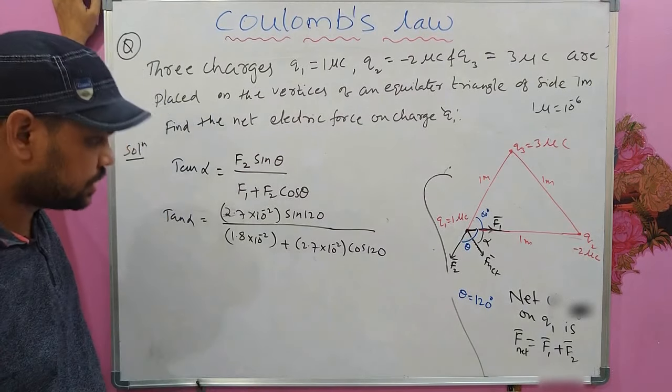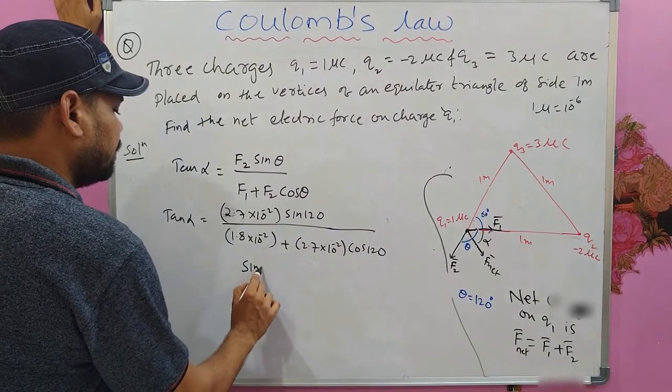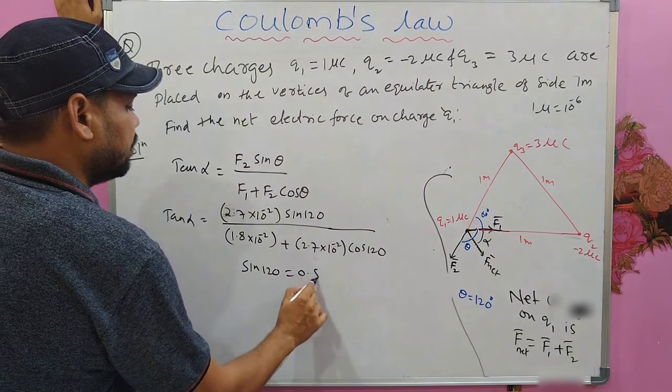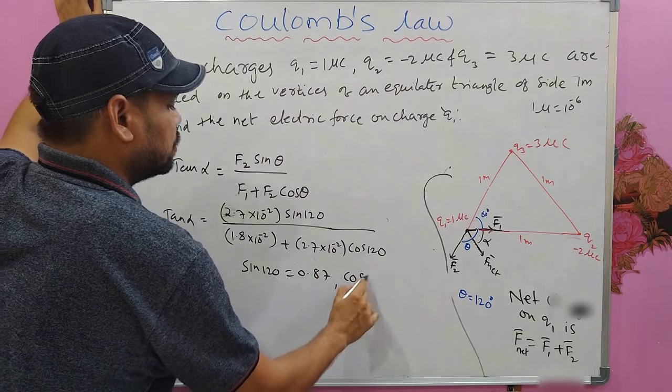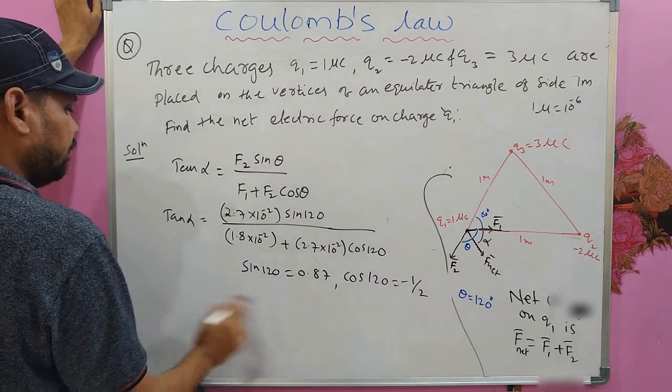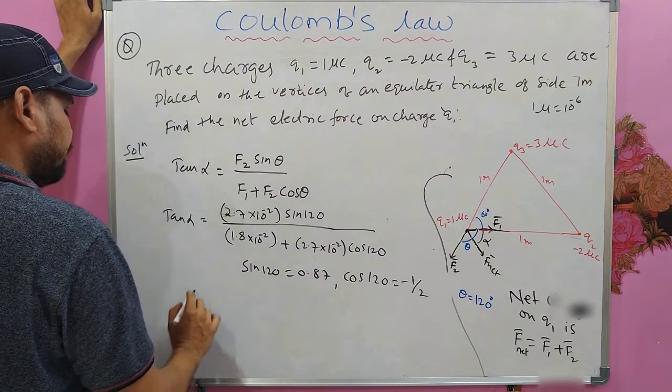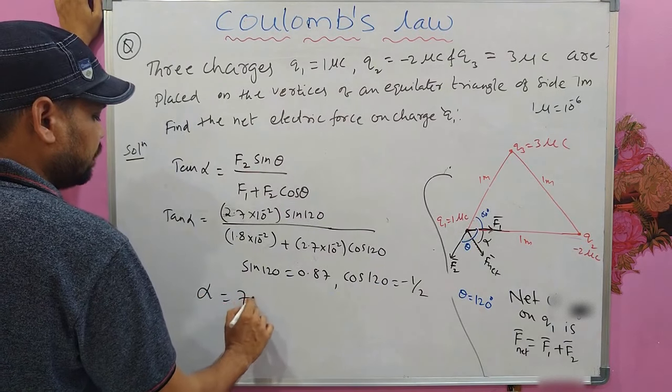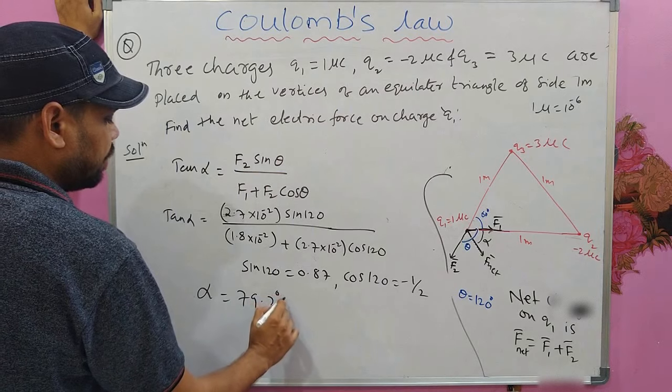And sine 120 is 0.87, cos 120 is minus 1 by 2. If you substitute these values here, you will get alpha as 79.2 degrees.